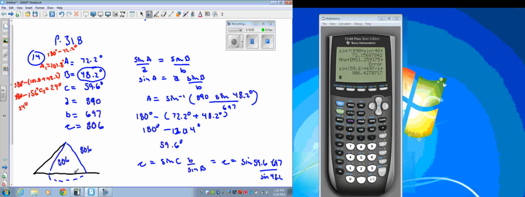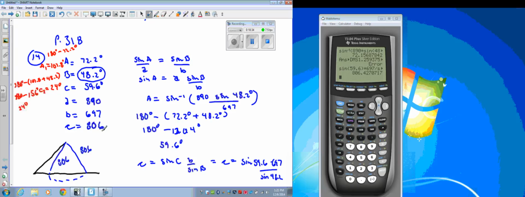That side is the same length. It's just that in one place you have an acute angle and in the other you have the obtuse angle. But that side, in this case the C side, is going to be the same length.